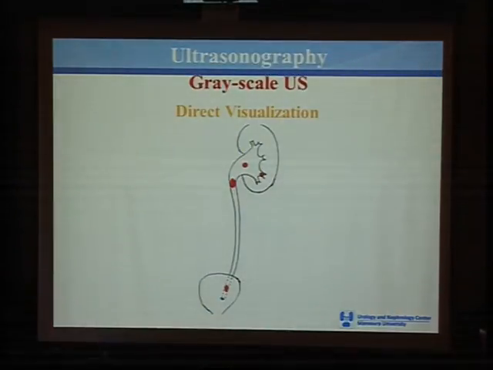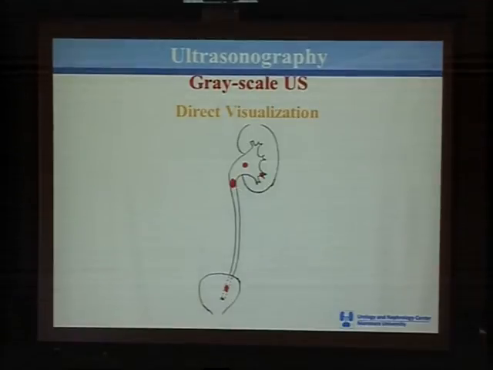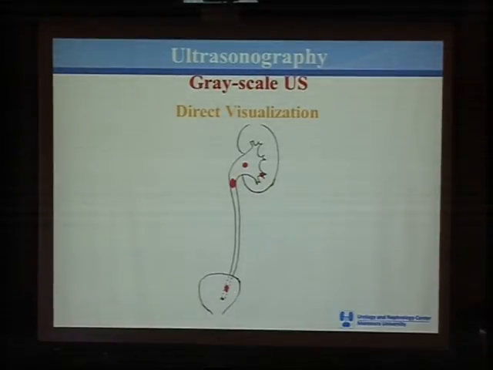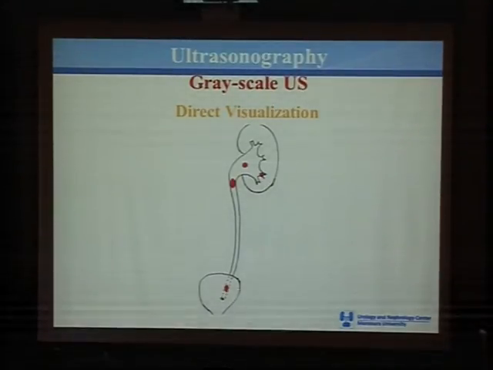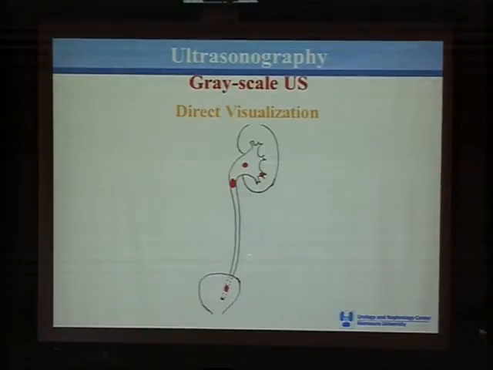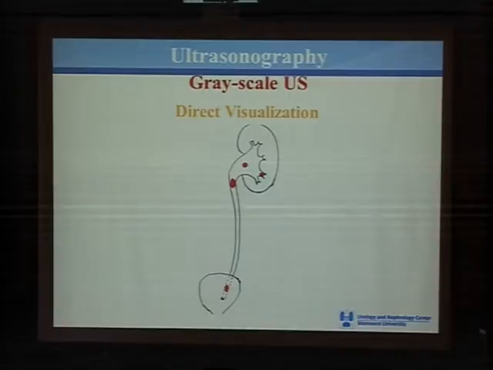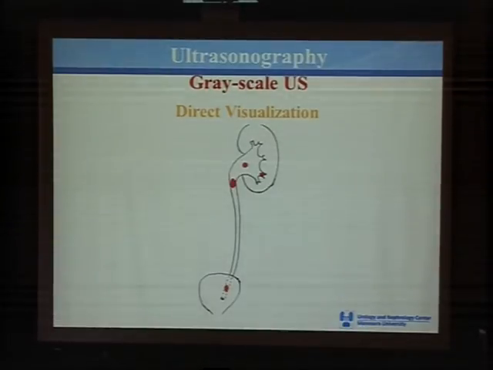Grayscale ultrasound can visualize a stone in the calyces, in the pelvis, in the upper part of the ureter, and in the lower end of the ureter. The middle part of the ureter is blind to the ultrasound. Ultrasound has two enemies, bone and gas.